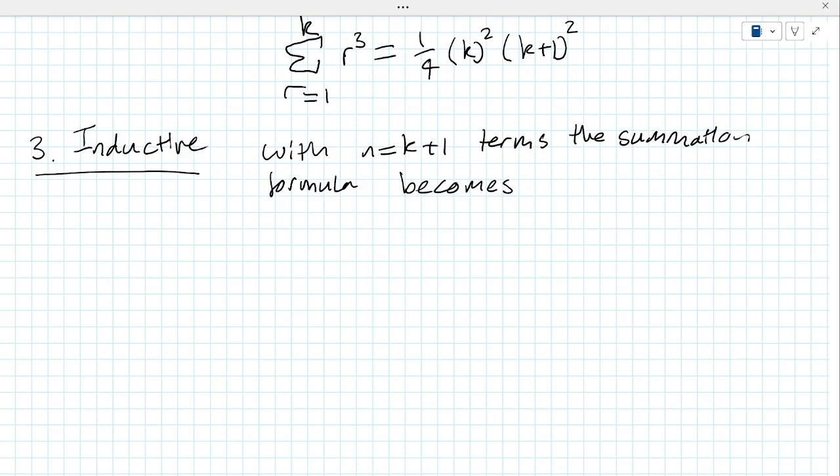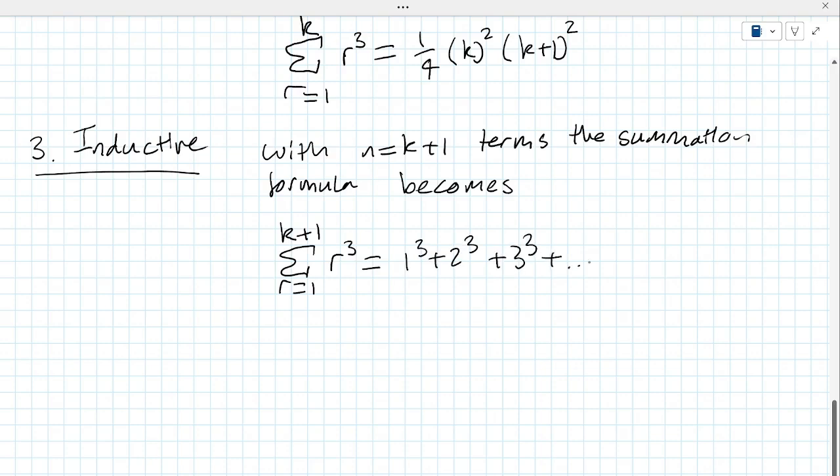So if we substitute it into the left hand side, we get the sum of r cubed from r equals 1 to k plus 1 is equal to. So what this basically means is just 1 cubed plus 2 cubed plus 3 cubed plus dot dot dot, all those other cube numbers, plus k cubed, and then plus k plus 1 cubed.